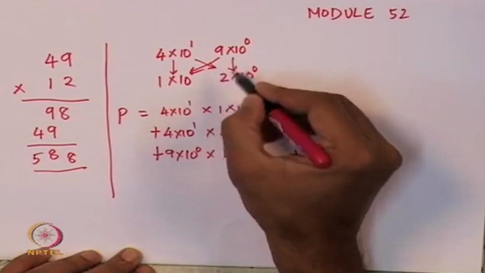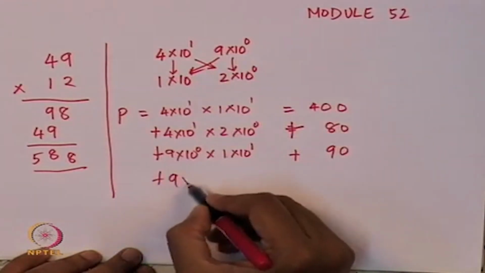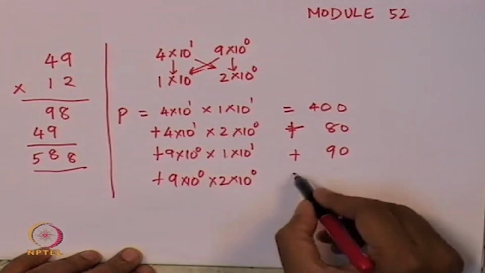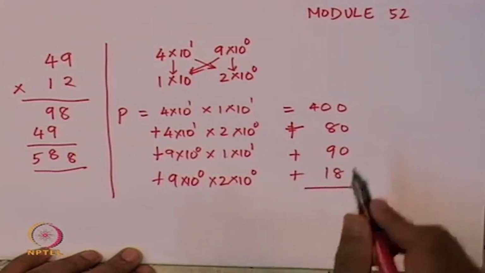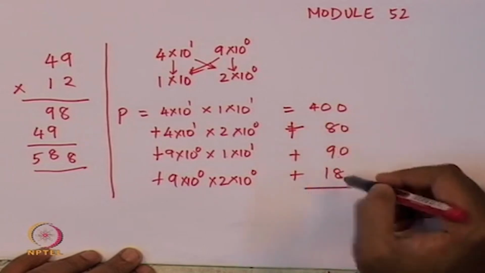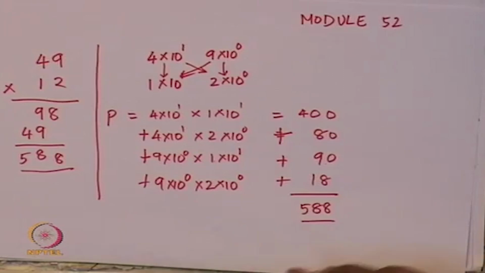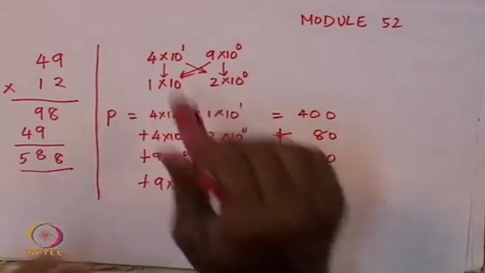Finally, these two together, 9 into 10 power 0 times 2 times 10 power 0, so that is 18. You add all of that together, that is 400 plus 170 plus 18, the result is 588.